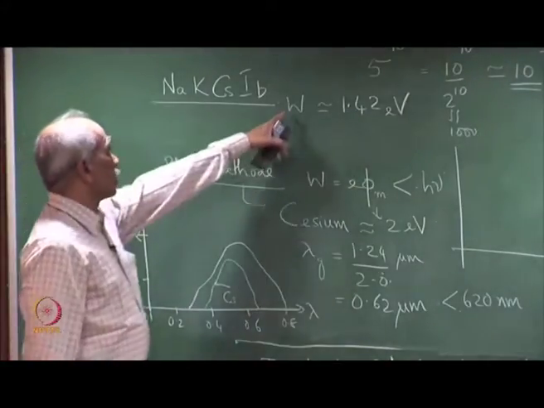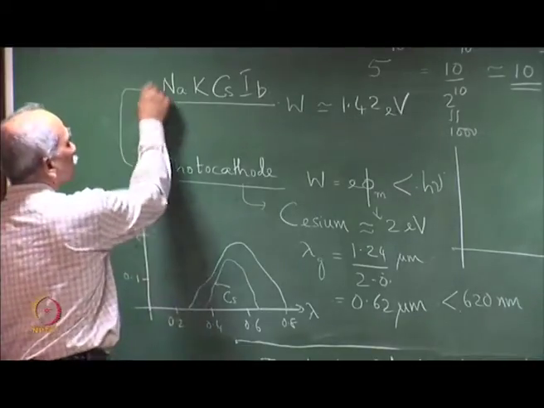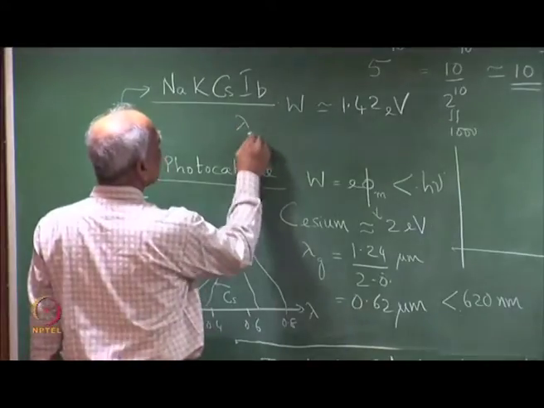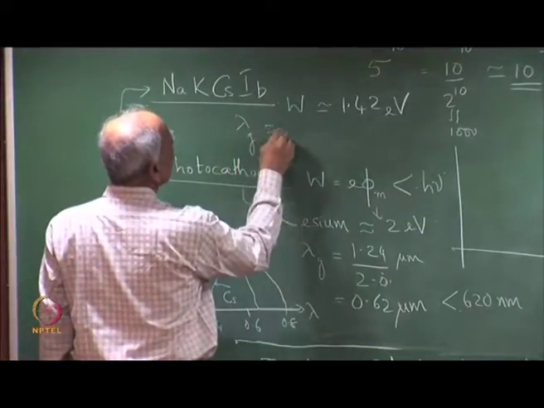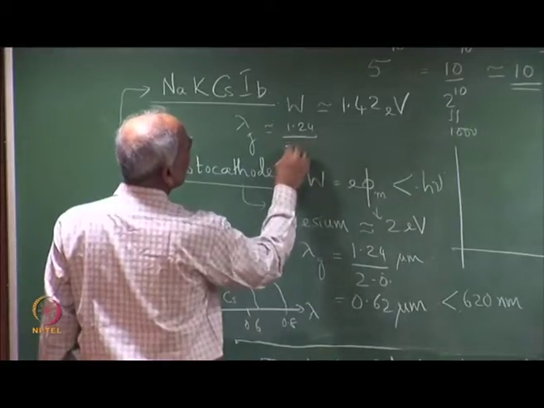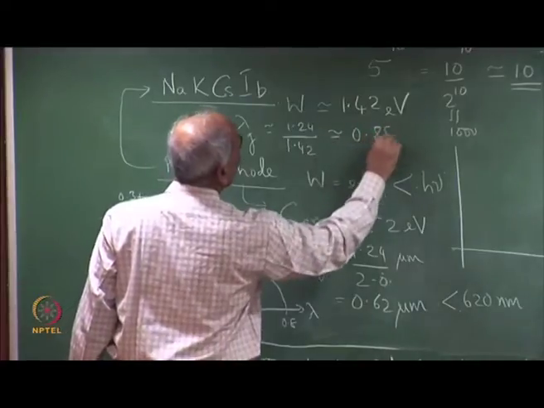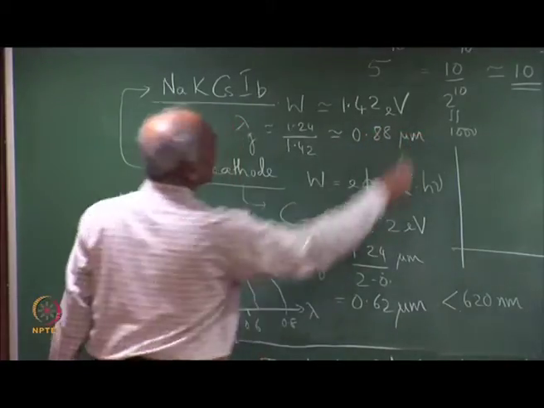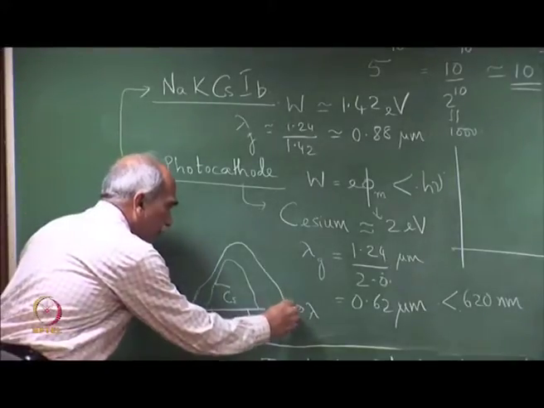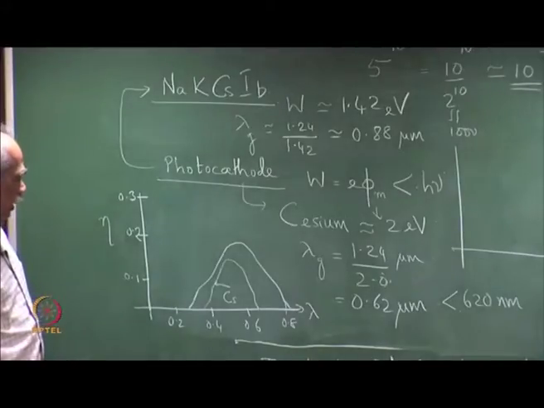This means the lambda g is nearly equal to 1.24 divided by 1.42, that is nearly equal to 0.88 micrometer, which means it can go to about 0.8 or a little bit beyond 0.8.